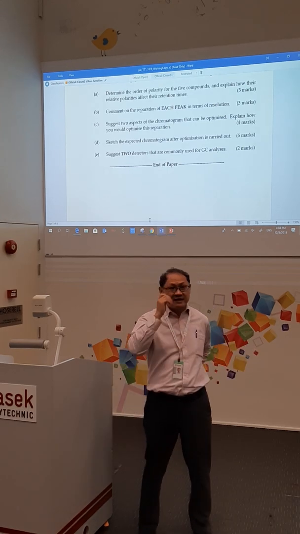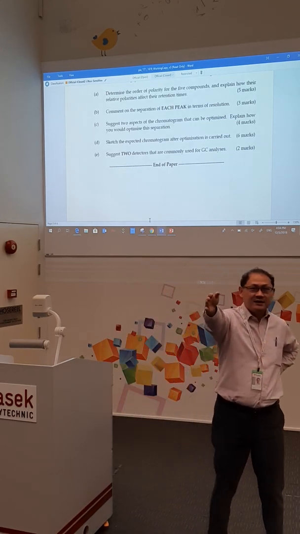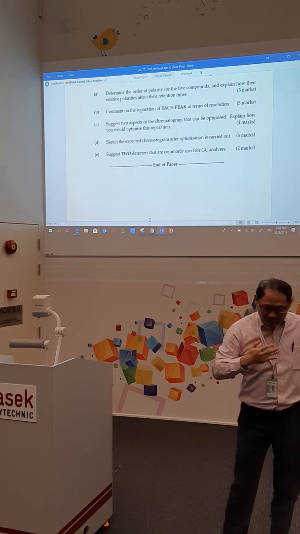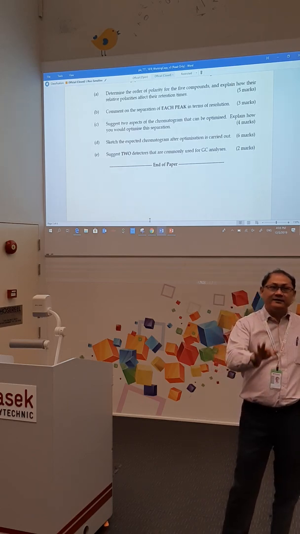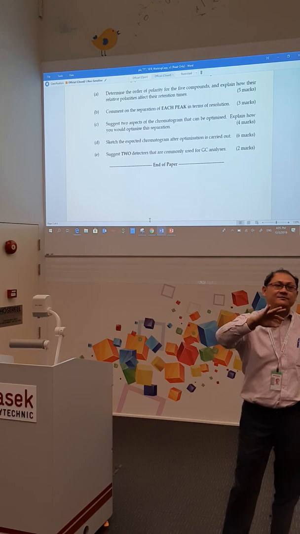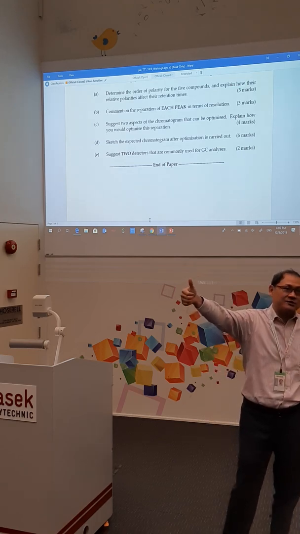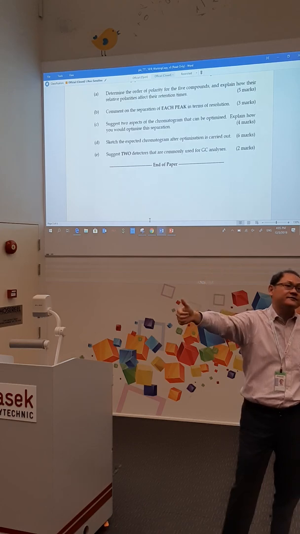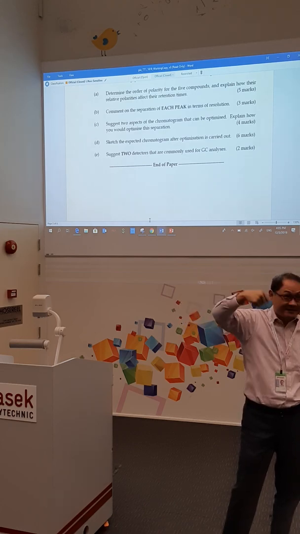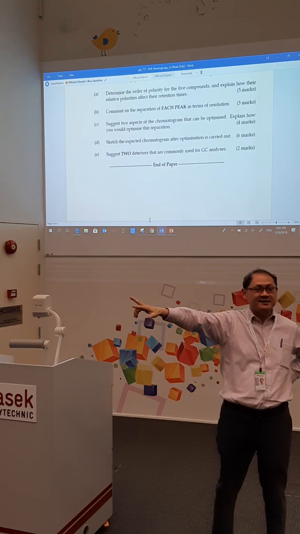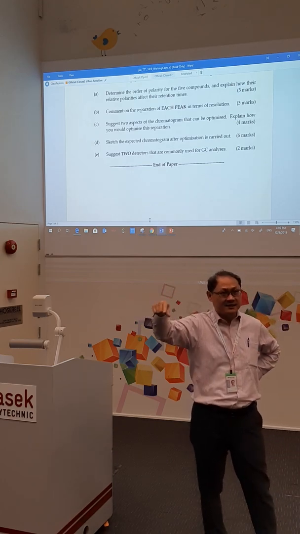Then come to quantification, which we just discussed. By now you should understand all three different methods for quantification. First, the very classical standard curve. Secondly, standard addition. Lastly, the latest one, internal standard.